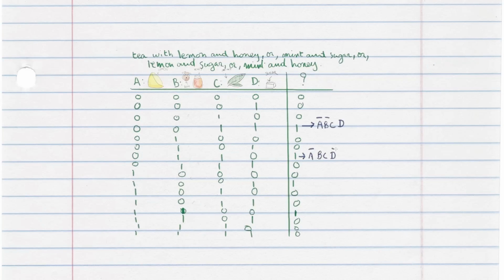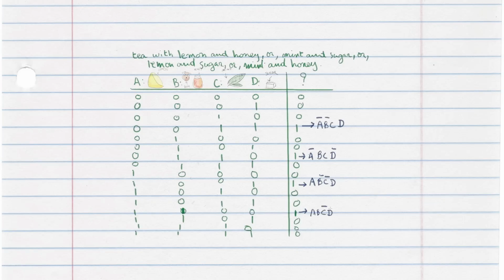So here we have not A, B, C, and not D. Here we have A, because there's lemon, not B, not C, and D. And the last one, we have A, B, not C, and not D.